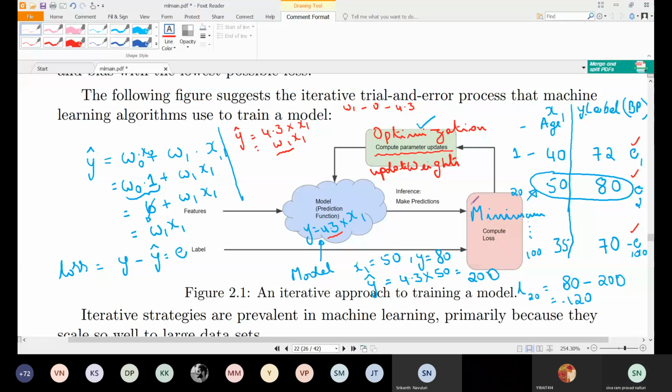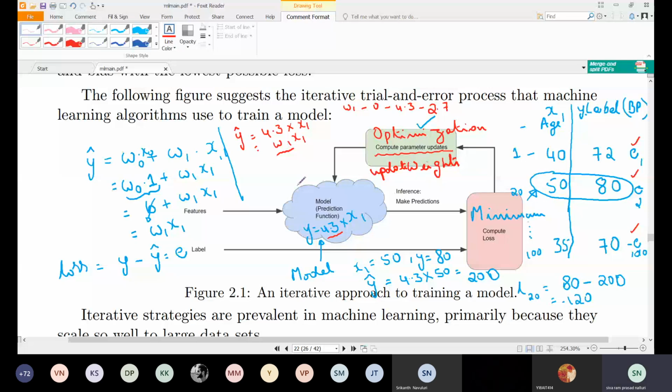Now you found that the error is minimized when compared with what you found with 0 weight. Next, with the help of the optimization technique, once again you update the weight, say to 2.7. Like that, in an iterative approach, using an optimization technique, you keep on changing the weights.